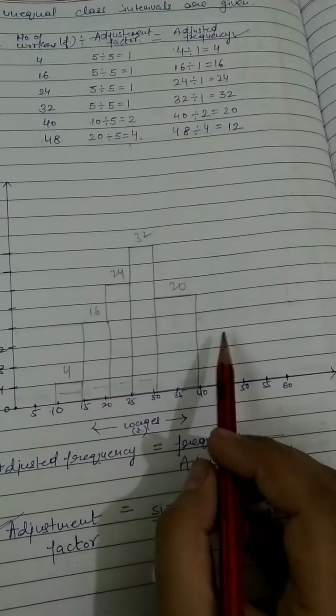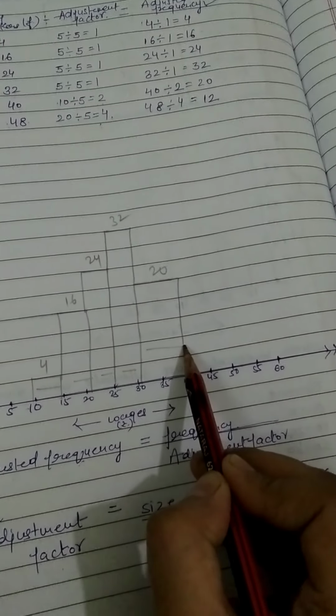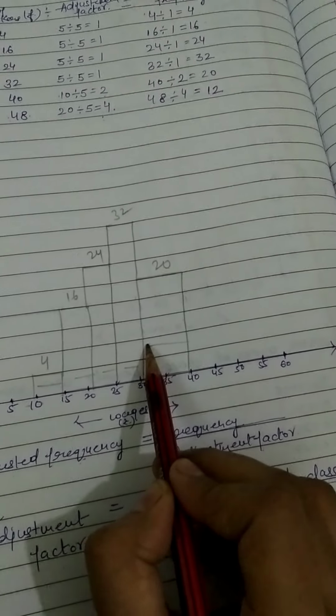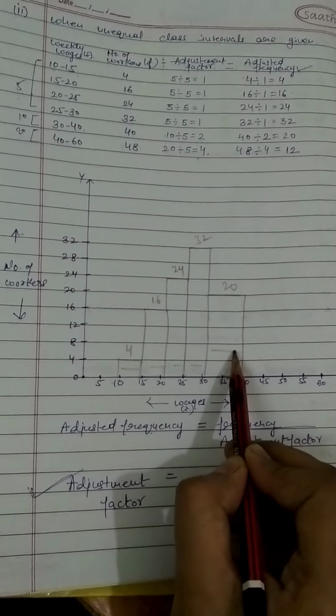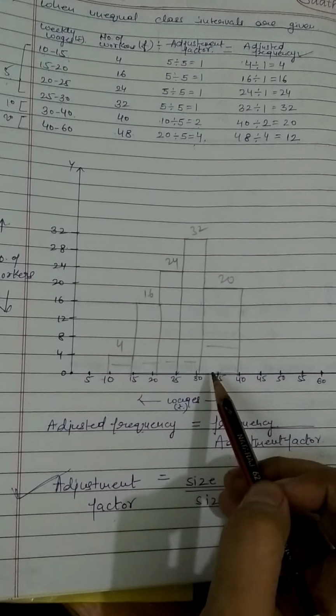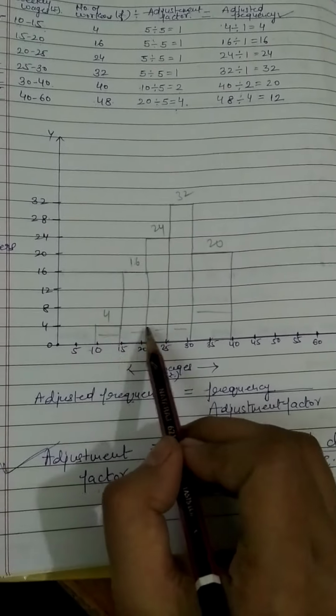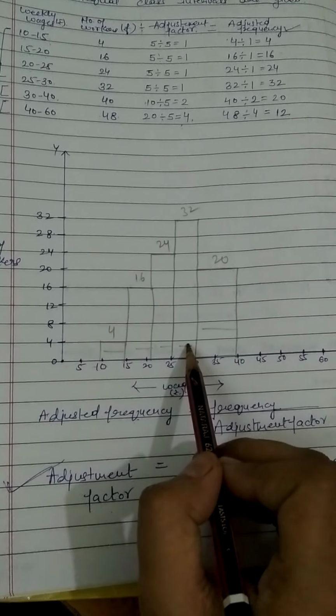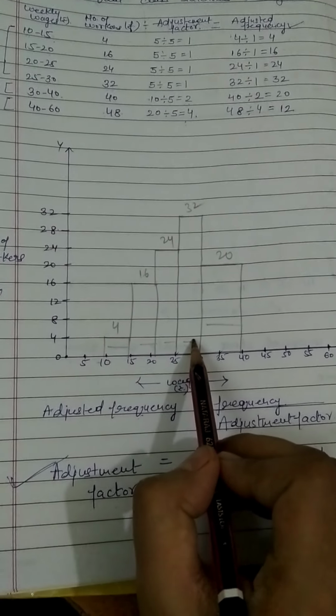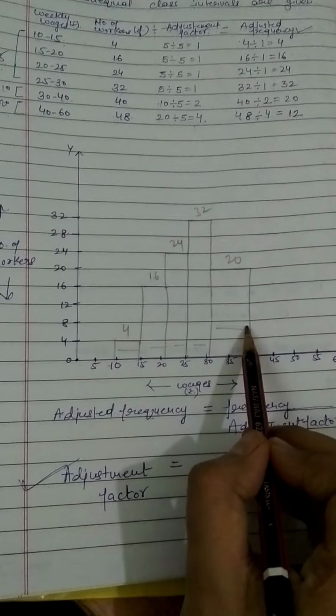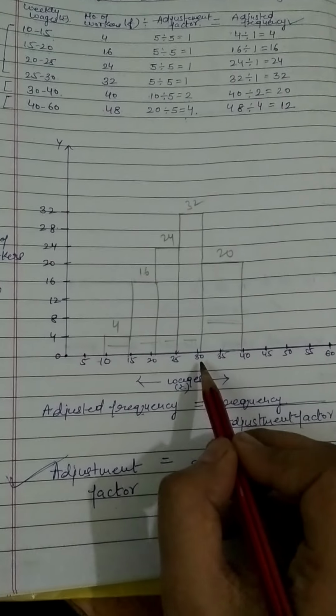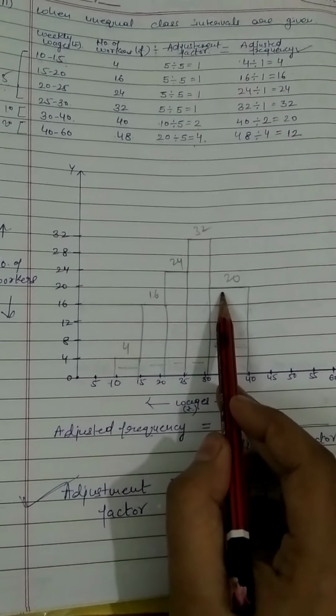Here the breadth of the histogram is much broader than these histograms, and this shows that the histogram is of unequal class interval, because I have already told you the breadth of a histogram shows the class interval size. These histograms are of equal class interval and this histogram is of unequal class interval.